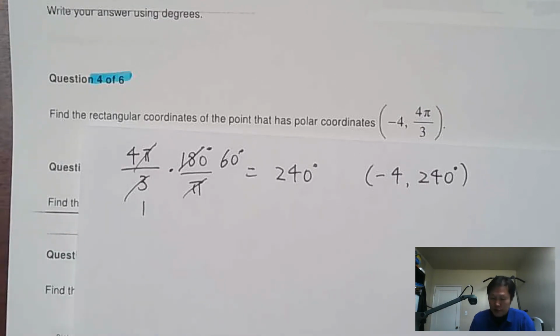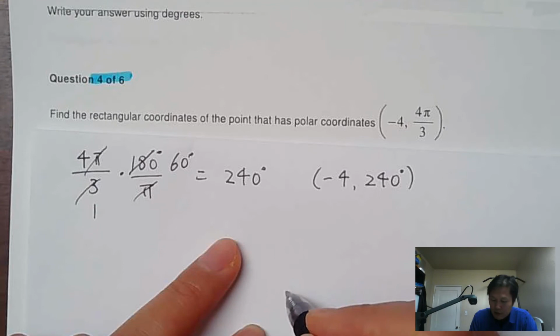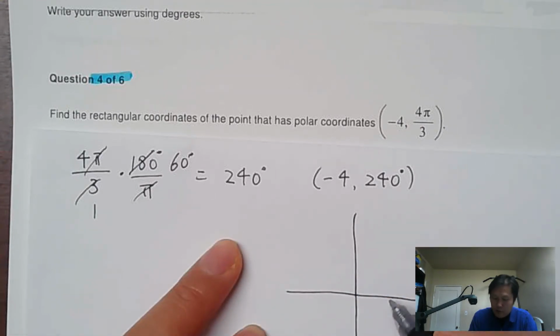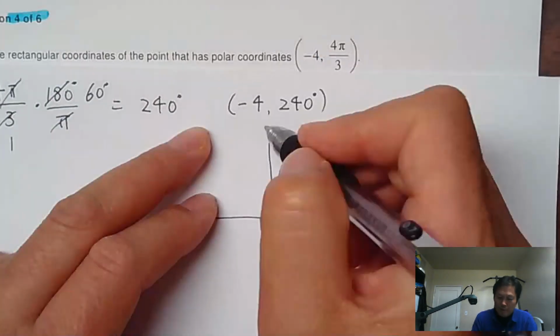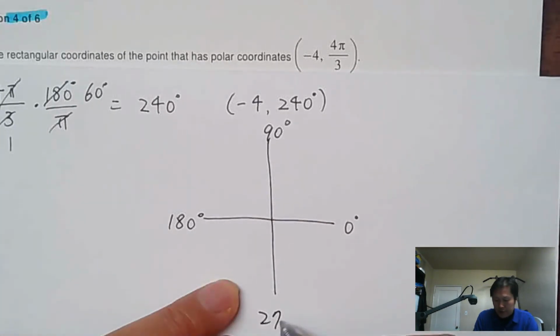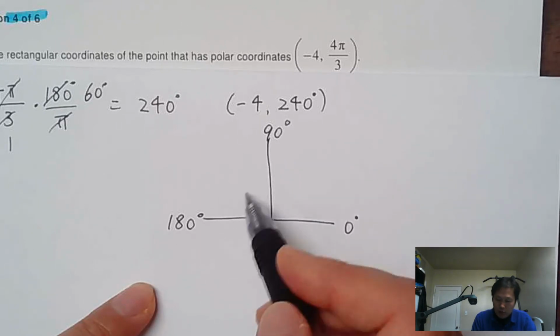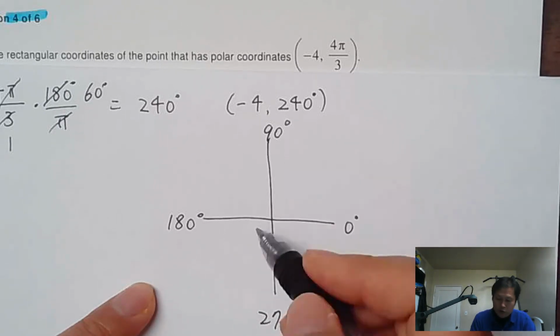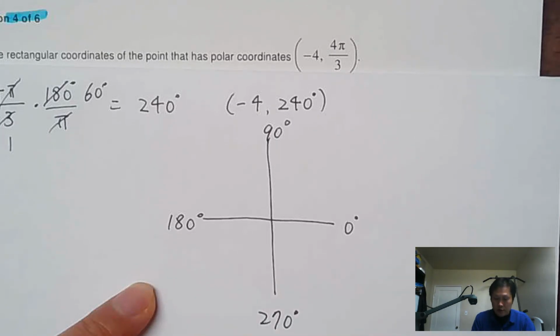All you have to do is plot 240 degrees. Where's 240 degrees? So 0 degrees here, 90 degrees here, 180 degrees here, 270 degrees here. So passing through 180 and 270, 240 should be somewhere between 180 degrees and 270 degrees.